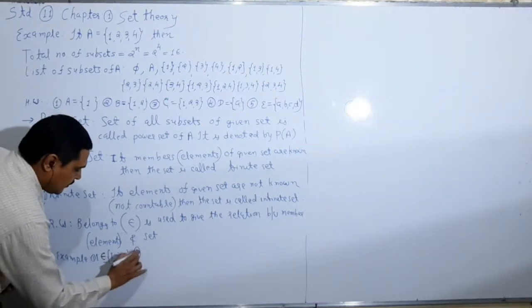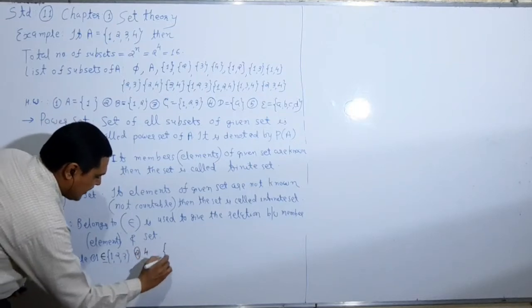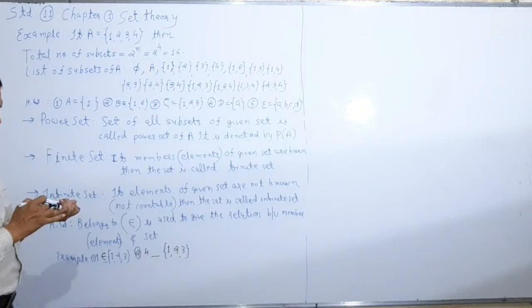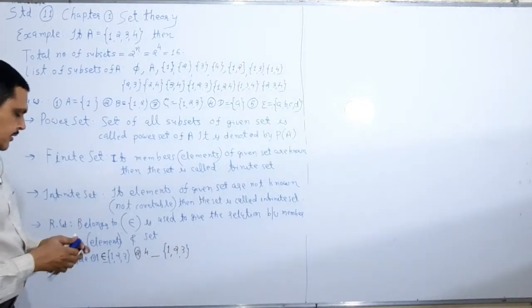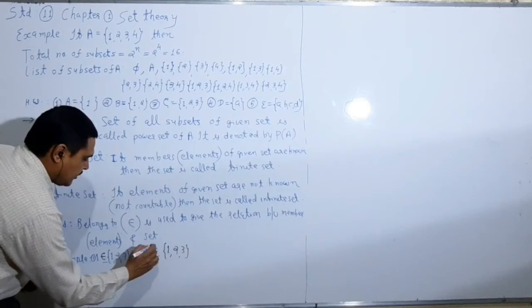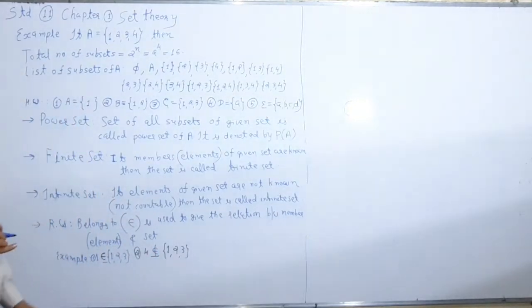If the member is not there in the set, then we have to take not belongs to here.